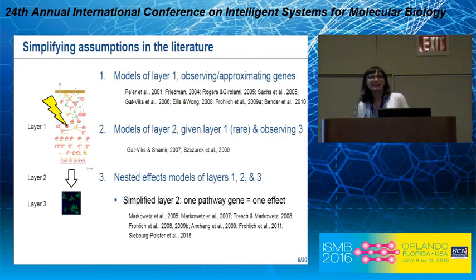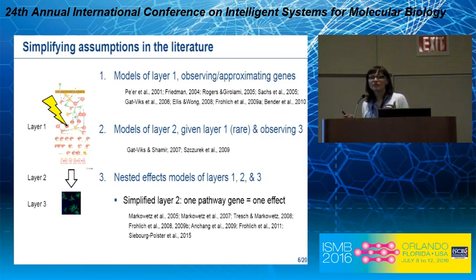So to nevertheless make inference in this system, we have to somehow make simplifying assumptions. There are different groups of modeling approaches depending on which type of assumptions they make. One group strictly focuses on this first layer of the signaling pathway.